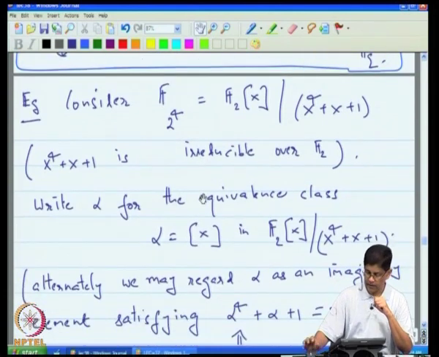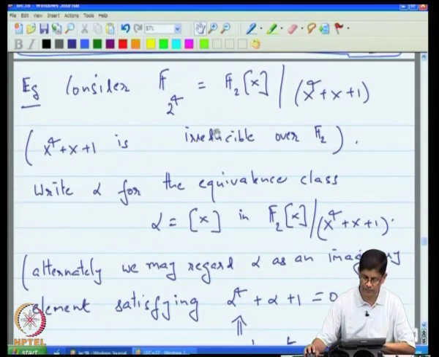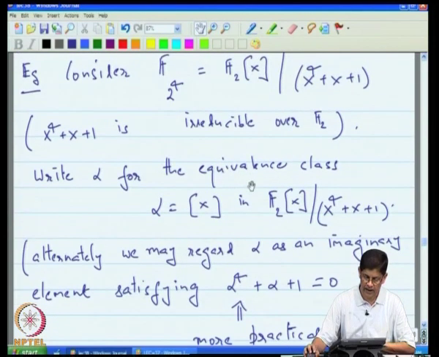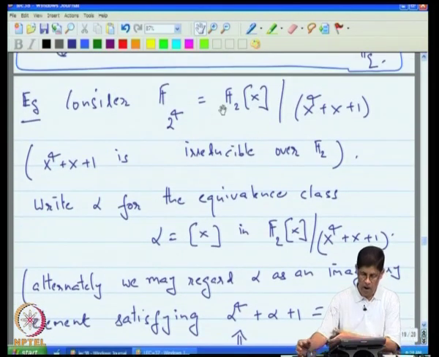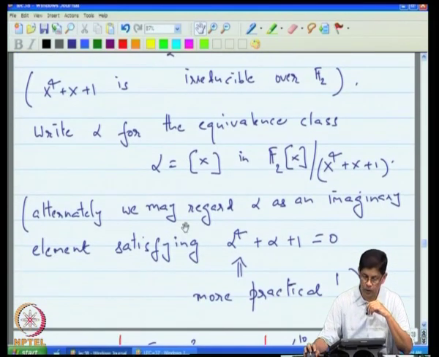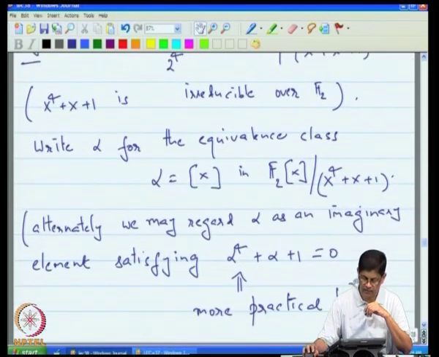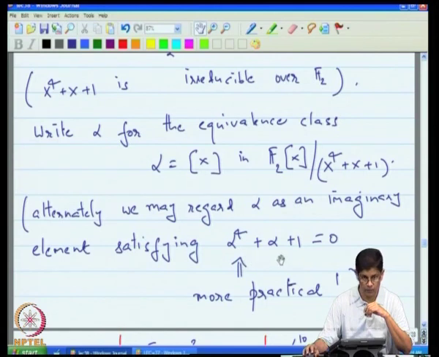Now, let us look at an example. Supposing this was the example that we looked at last time. So, p was 2, the irreducible polynomial is x^4 plus x plus 1, and we can either regard this as a collection of equivalence classes and use alpha to denote the equivalence class of x, or alternately one can regard alpha as an imaginary element that satisfies alpha^4 plus alpha plus 1 equal to 0.